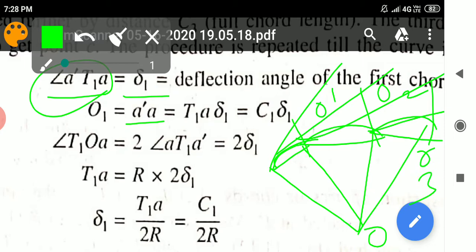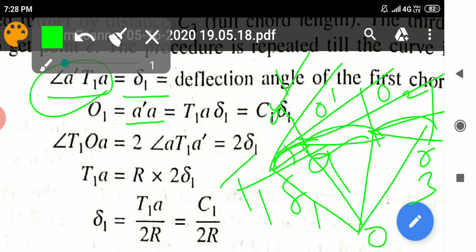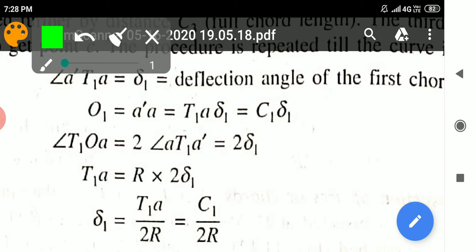So O1 equals A dash A, which is nothing but T1A into delta 1. So T1A into delta 1, and T1A is nothing but C1. Please refer to the diagram while I am explaining the derivation.